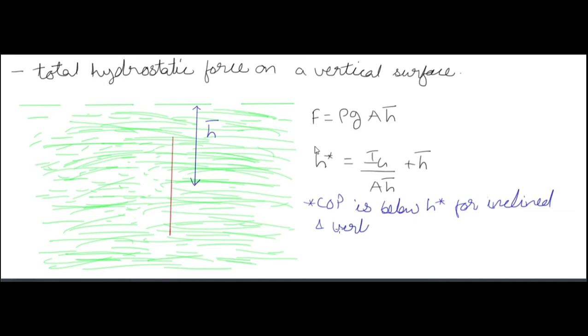So total hydrostatic force is equal to rho g A h bar, and center of pressure is equal to Ig by A h bar plus h bar. In the inclined surface we have the sine square theta term. Here we do not have this sine square theta term because this is not inclined, this is a vertical one. Now center of pressure is always below h bar, for both inclined and vertical, and the same for horizontal.